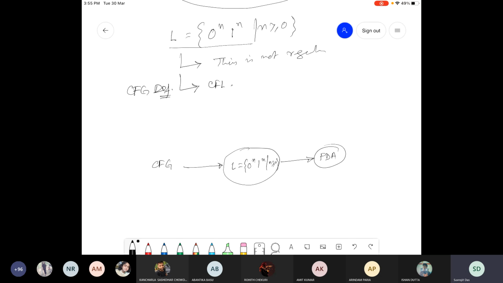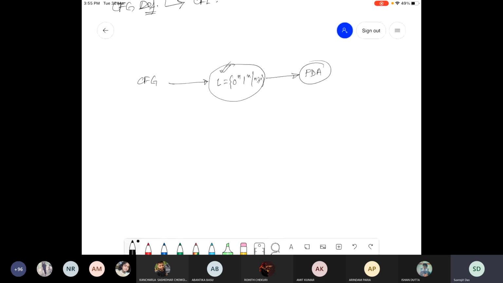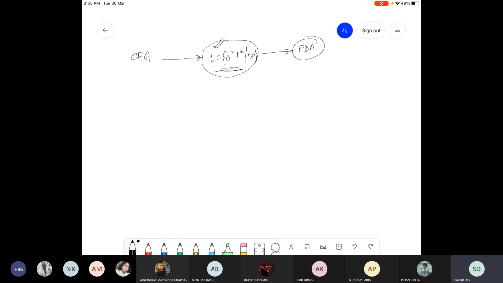We saw how a pushdown automata can be used to accept this language. Since this language is not regular, a finite state machine was incapable of accepting it. We argued that we need a stack so that the count of zeros and ones can be taken.